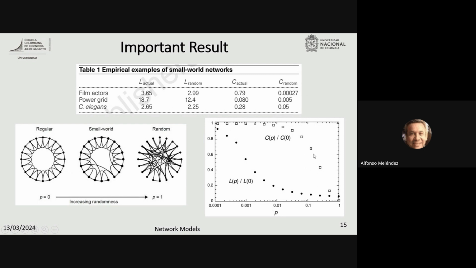More than 0.1, this is going to become random. And less than 0.01, this is regular. So there's a band here. This is a very important graph. That is a small world. I don't know if there's any question. Any questions, comments?